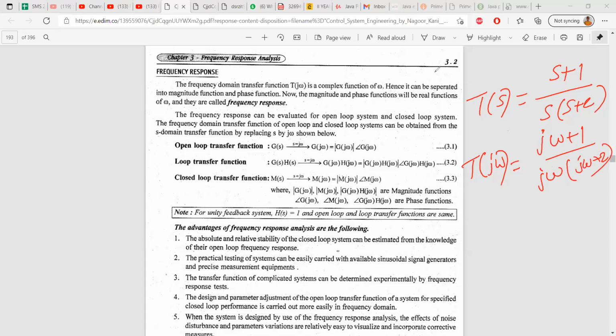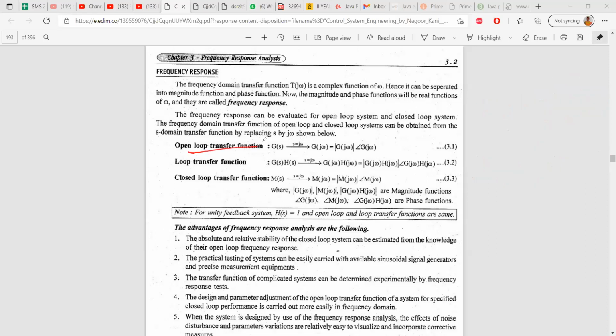If you see the open loop transfer function G(s), which is converted into the frequency domain, it has a magnitude and a phase angle. If you take the loop transfer function G(s)H(s) and convert it into the frequency domain, this is the magnitude and this is the phase angle.